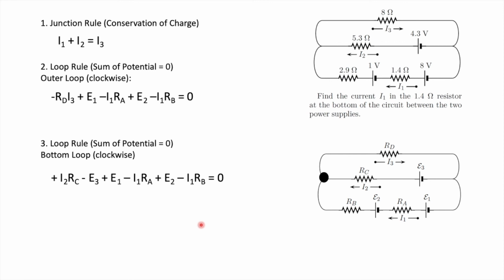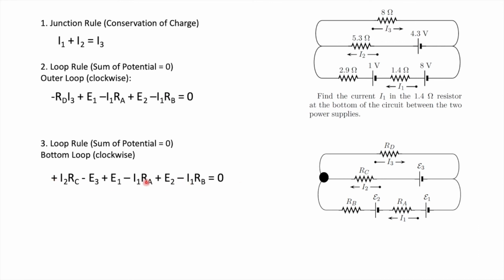You can use the substitution method. Here, this equation is coupled in I1 and I3. The bottom equation is coupled in I1 and I2. So solve for I1 from here, isolate I1. Put everything on the right hand side, but just I1 on the left, and substitute that right hand side value of I1 back in here.